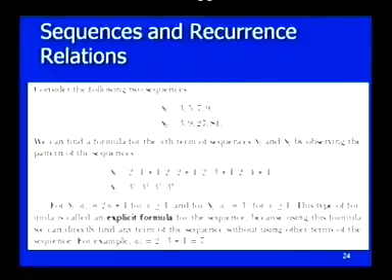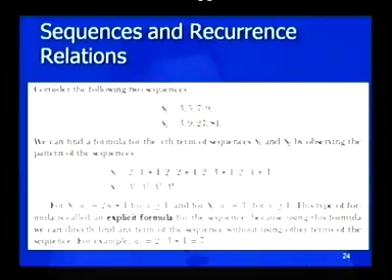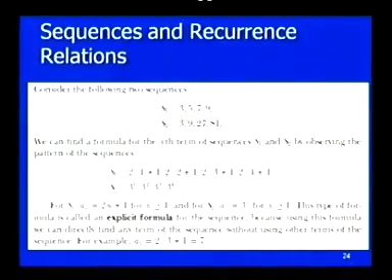Similarly, if you have another sequence which goes something like 3, 9, 27, 81, you can see very well the governing relationship among the sequence is 3 power 1, 3 power 2, 3 power 3, and so on. So, you can see the relationship among the sequences is explicitly present.